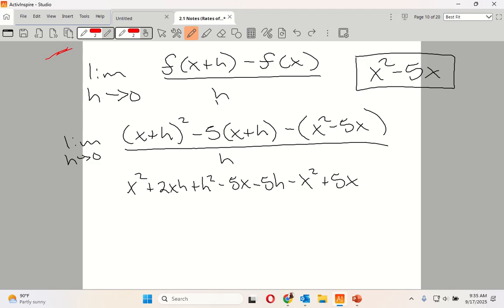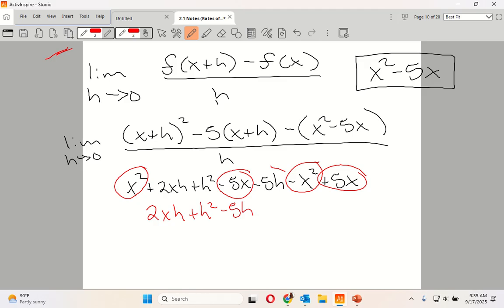What's going to happen here now? What's going away? Negative 5x plus 5x, yeah, and those all cancel. So I'm going to be left with 2xh plus h squared minus 5h, all over h.